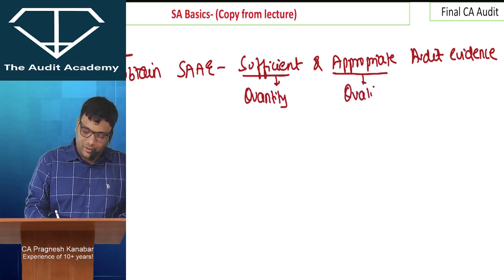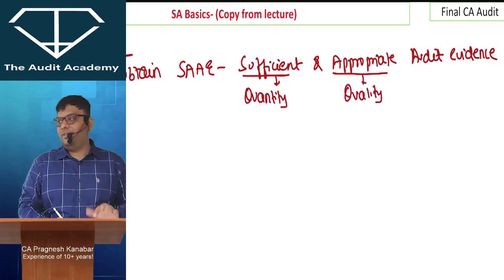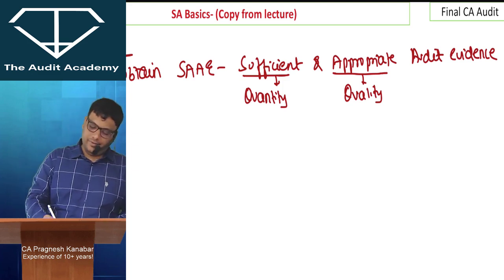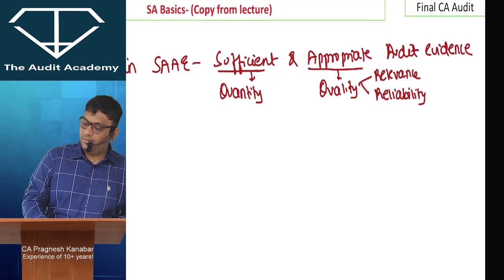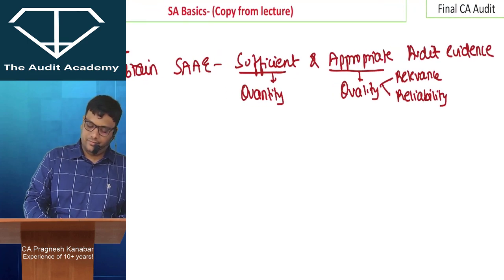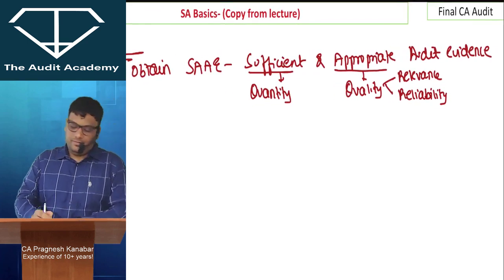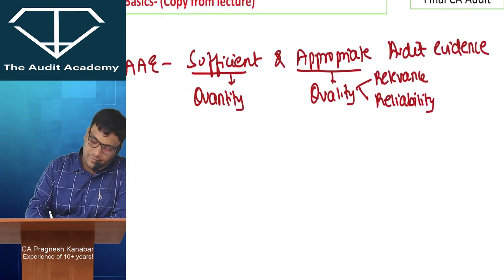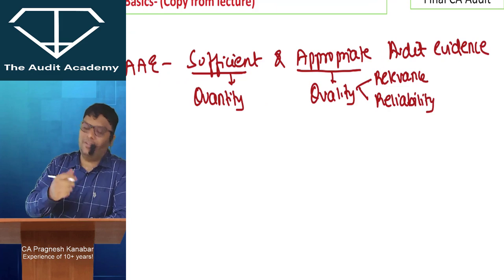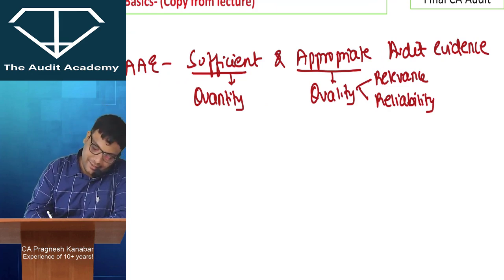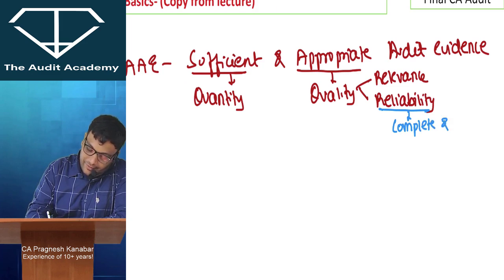Appropriateness means quality. Quantity means how much information do you want, and quality means relevance and reliability. Relevance means logical connection. Reliability means something which we can trust. Reliability means information should be complete and accurate.